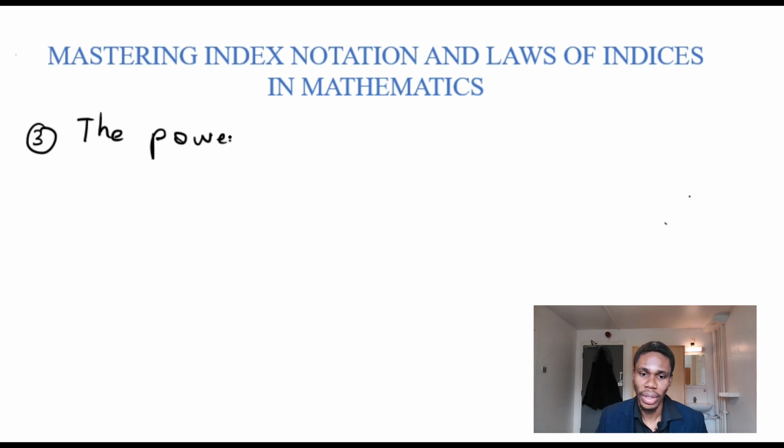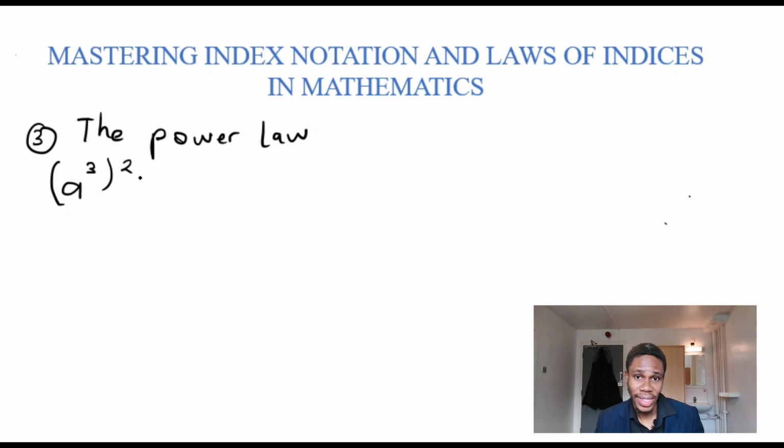The power law. We have a to the power 3, all to the power, let's say, 2. So we have an indice in a square bracket to the power of something, and that is why it's called the power law.